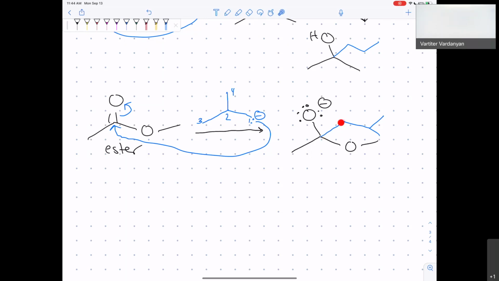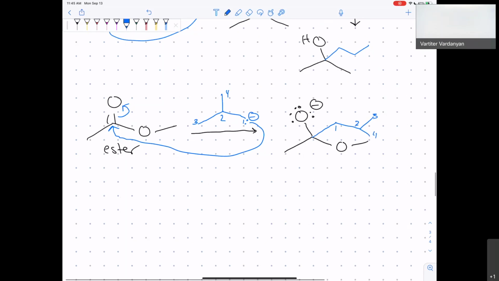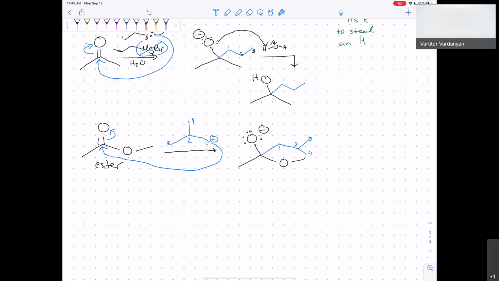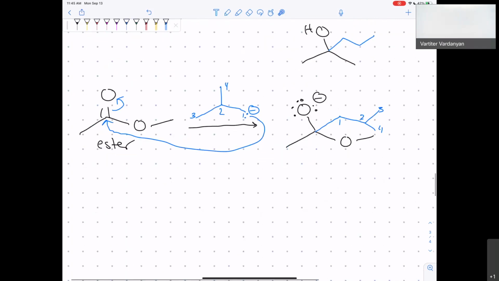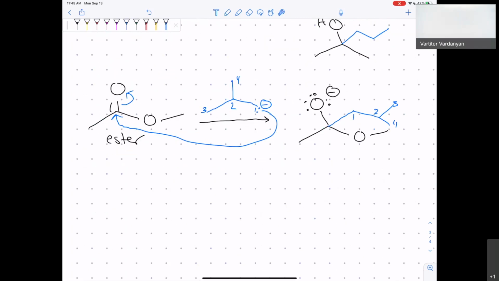Yes, 1, 2, 3, 4. Whatever they give you, that's what you have to use. In this example, we had a 3 carbon chain. In this example, we have a 4 carbon chain. And you can't rearrange the Grignard. So whatever they give you, that's what you do.